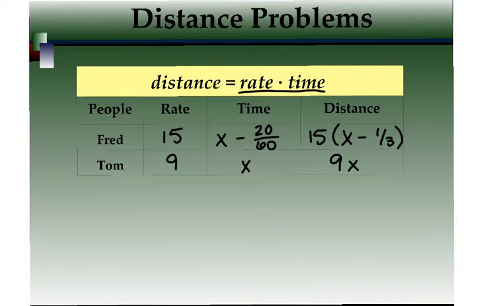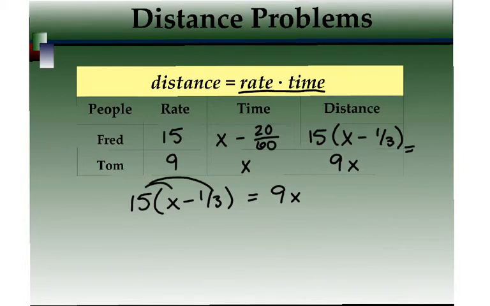All right, so now our distances here are the same traveling distances, so our distances are equal to each other. So there's our equation: 15 times x minus 1/3 is equal to 9x because our distances are the same. And now we have our equation and we're going to solve.